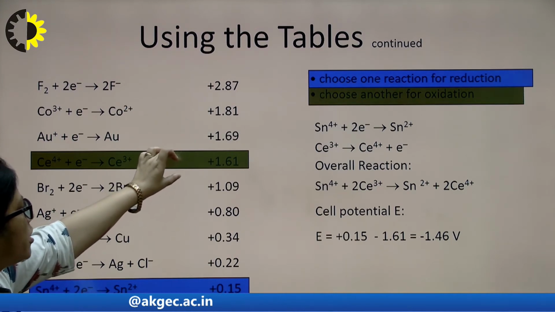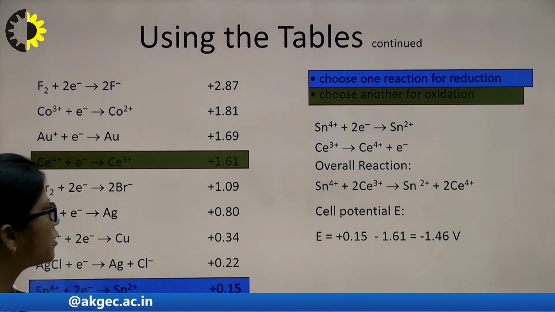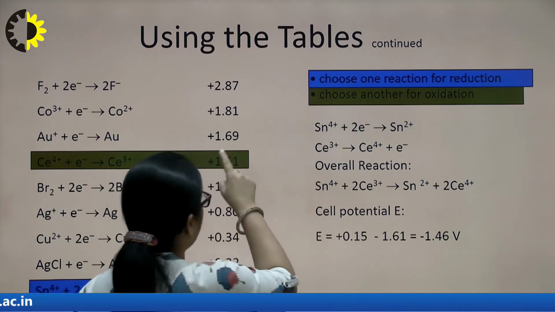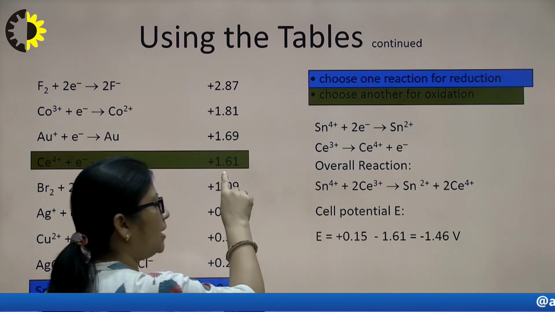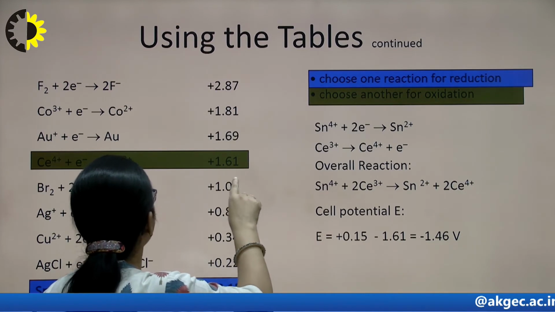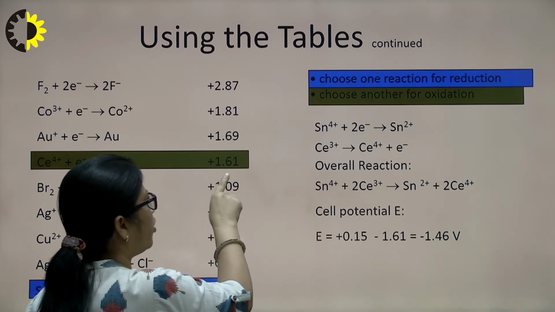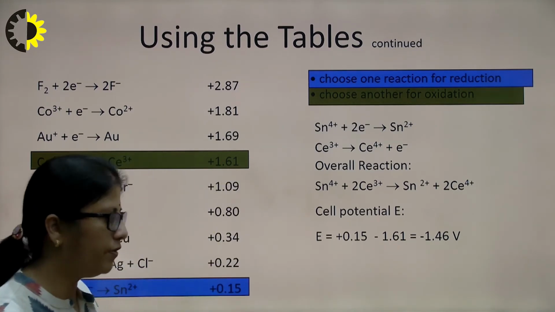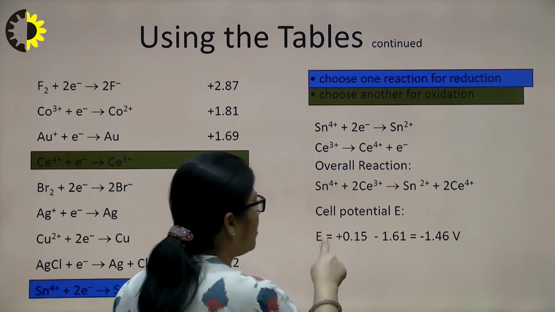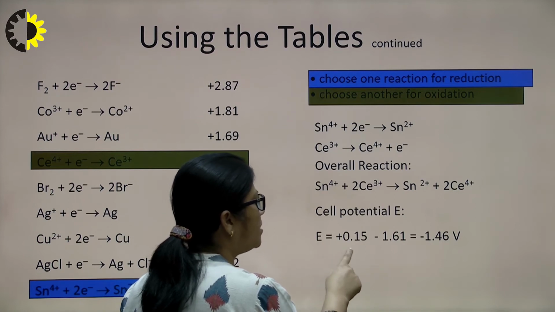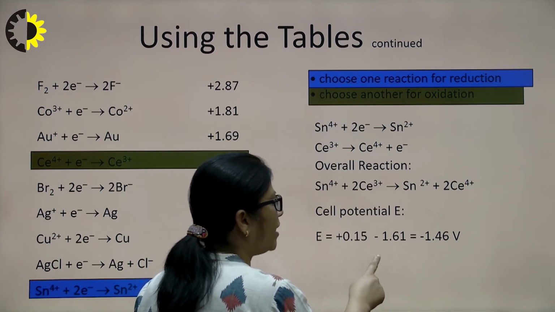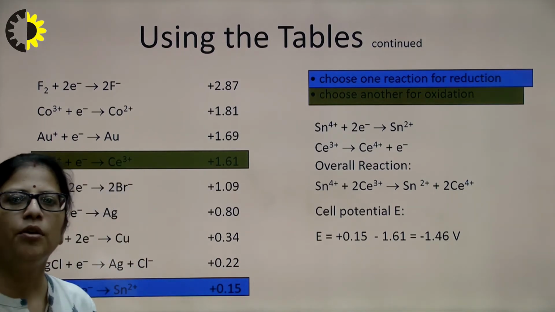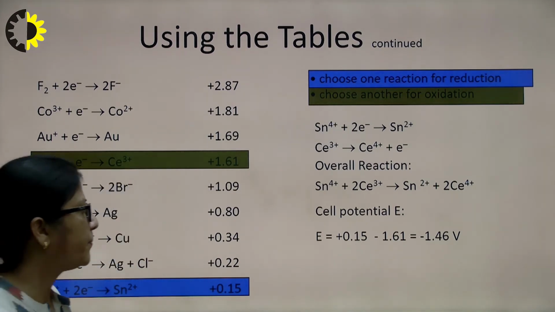This is the oxidation reaction having 1.61 value. It will get reversed when we use it in the oxidation. This was plus 1.61 for the reduction reaction. For the oxidation reaction, the sign will get reversed. So, the cell potential will come out to be E is equal to 0.15 minus 1.61, which is equal to minus 1.46 volts.